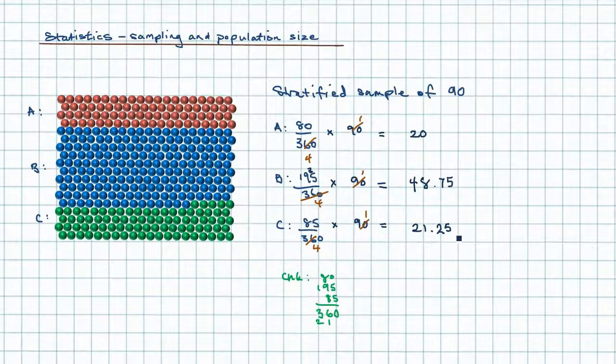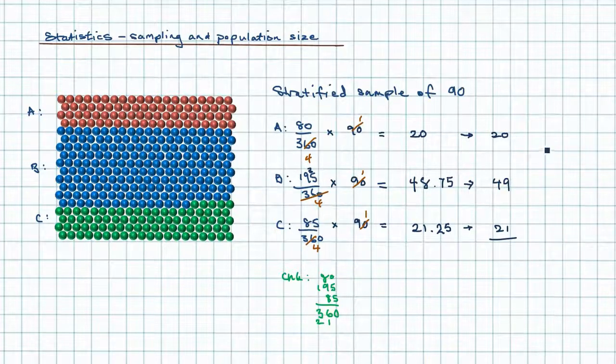So we'd need to round one of them up and one of them down. In this case, it's going to be fairly straightforward, but we need to be careful that our total will still add up to 90. So we've got 20, remains as 20. The 48.75 becomes 49, and we're going to round this one down to 21.